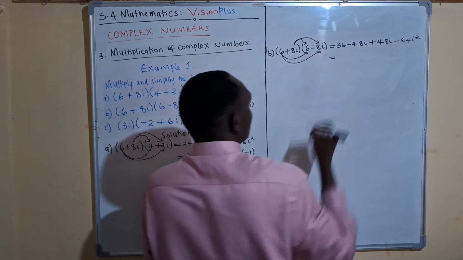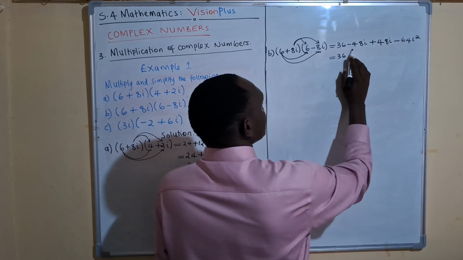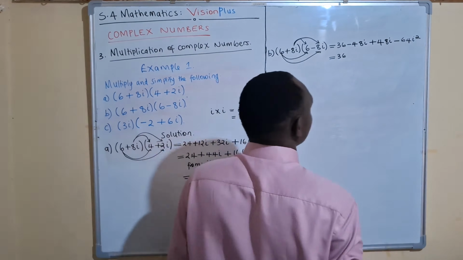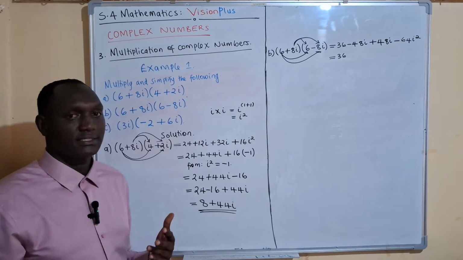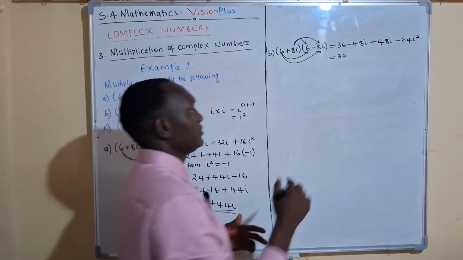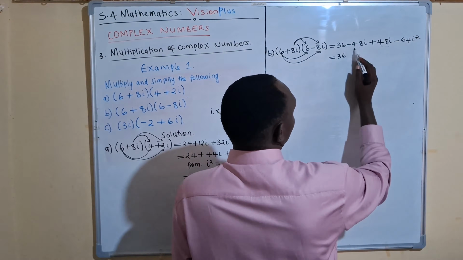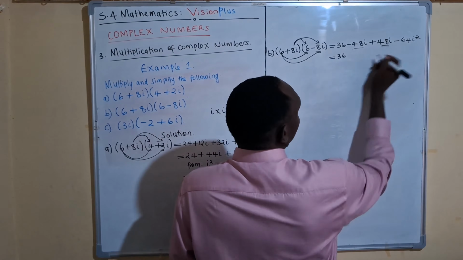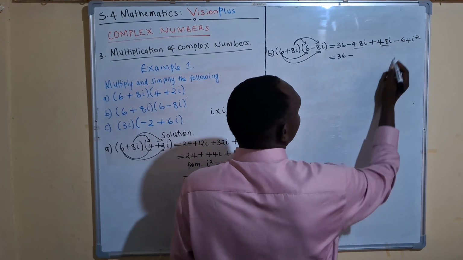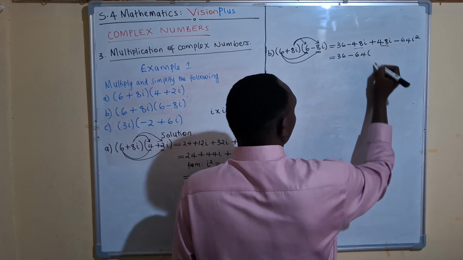And you say this will be equal to 36. What is negative 48 plus 48? It is 0. So these terms containing i are going to cancel out. This and this is 0. And then we proceed here. We shall have negative 64 i squared. But what is i squared?